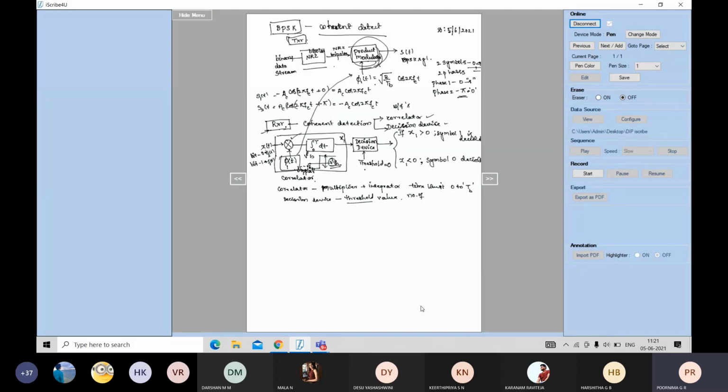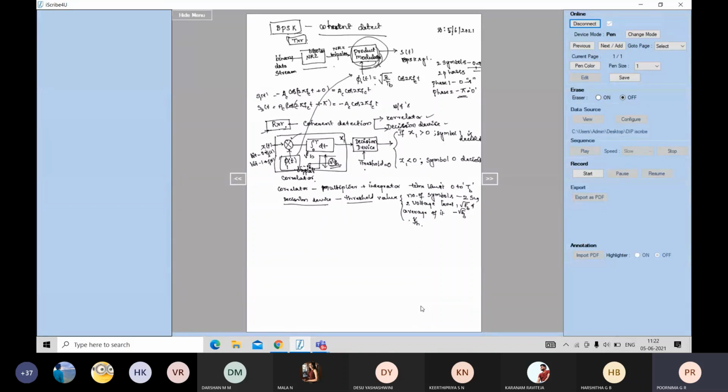In this case, how many symbols do we have? 2 symbols. 2 symbols are used with how many voltages? 2 voltage levels. Which are the 2 voltage levels? One with root EB and the other one with minus root EB. The average of these will be the threshold value. So based on this concept, the threshold value will be decided for this decision device.